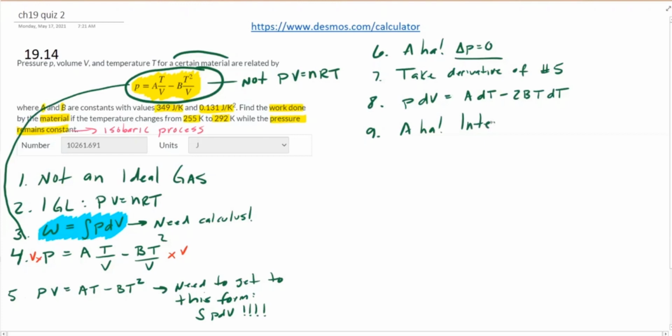Integrate. So if I integrate both sides, I'm going to have the expression for work. All I'm going to do is slap an integral symbol here and an integral symbol here.